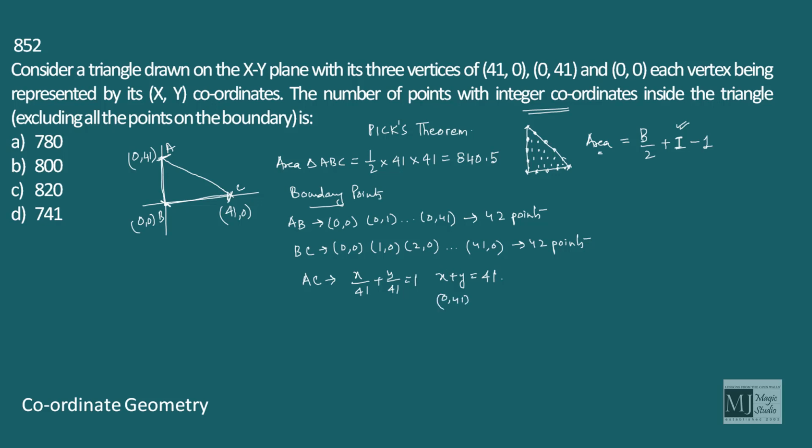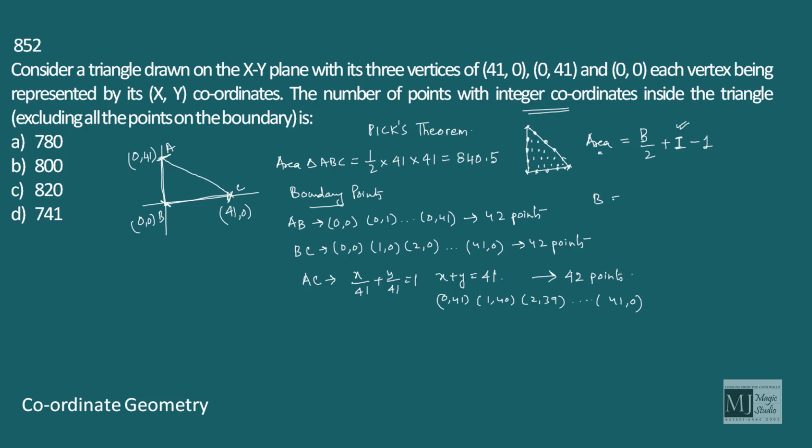And then since the coefficients of x and y are both the same, that is 1, the next point would be (1, 40), then (2, 39) till (41, 0). All these are integral points which lie on the line AC. So we have x from 0, 1, 2, 3 till 41. So here also we have 42 integral points.